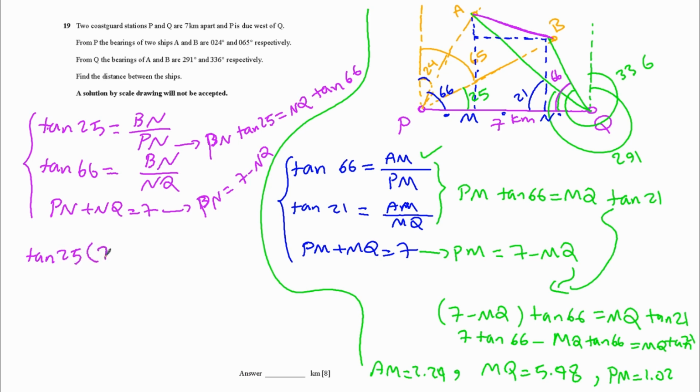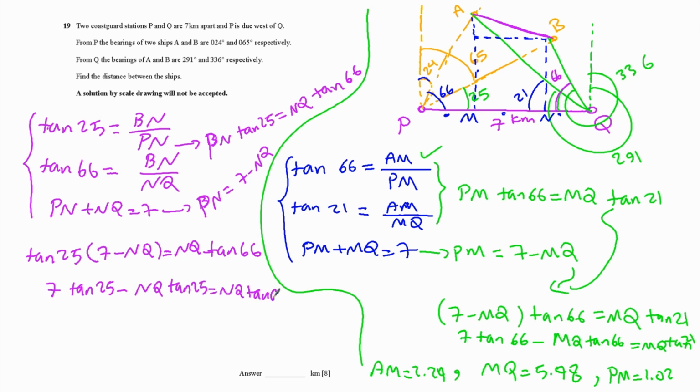If I multiply this out, it would be 7 tan 25 minus Nq tan 25 equals Nq tan 66. And I need to take the Nq to the other side, factorize, and then divide by the coefficient.